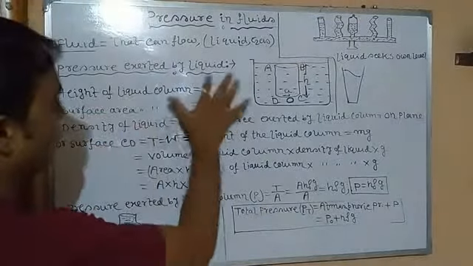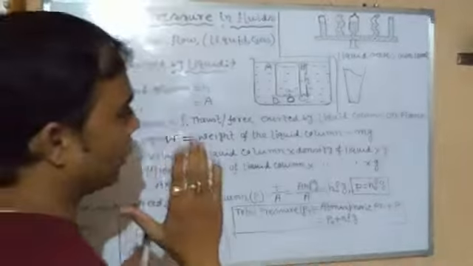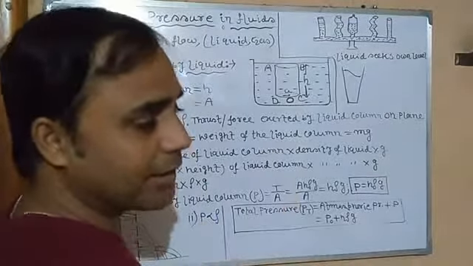So the height of the liquid column is h, measured from the free surface. Always remember, the height of a liquid column or any point inside the liquid is measured from its free surface, not from the bottom.